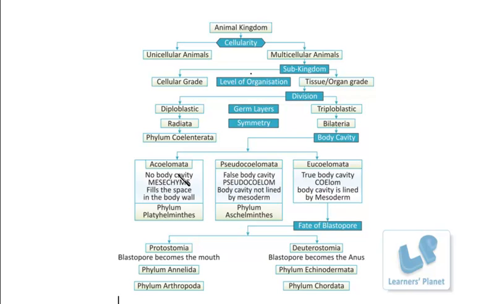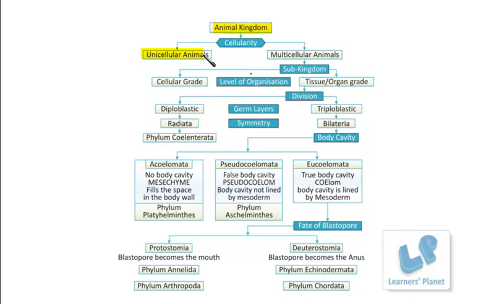Let me give you some hint or basic comparison between these groups. In short, let me tell you what type of characters or complex features the phyla that I showed you in the earlier slide have. Initially, the animal kingdom is classified on the basis of the number of cells.